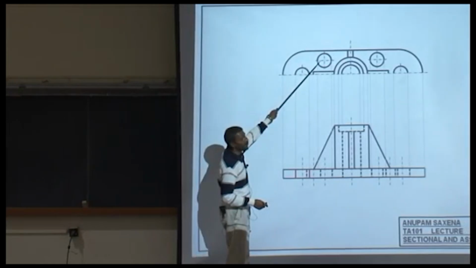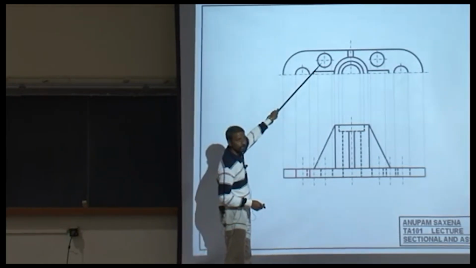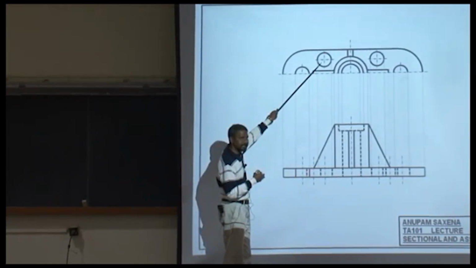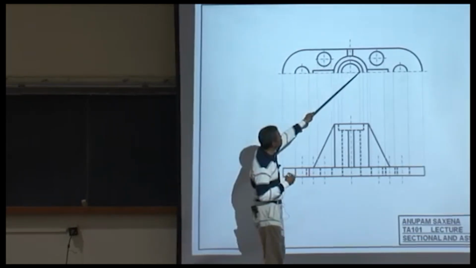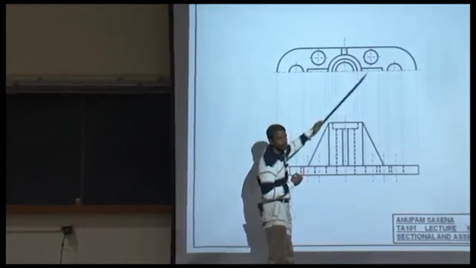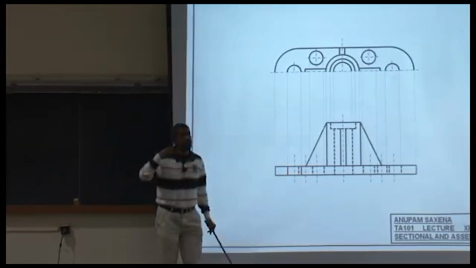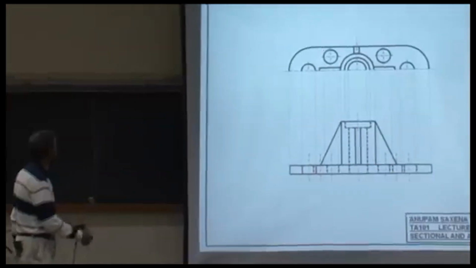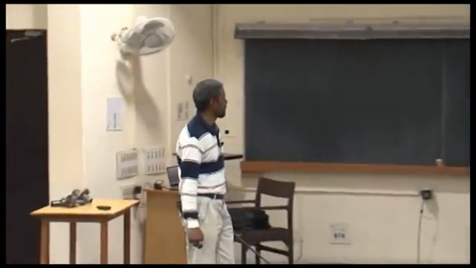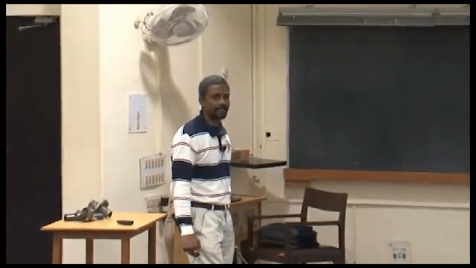As I said, I'm going to be ignoring this cylindrical void because it's essentially hidden. I don't want to show the hidden features. Likewise, I'm going to be ignoring this cylindrical void. I would want to show what I see. Do I see this line as a solid line?